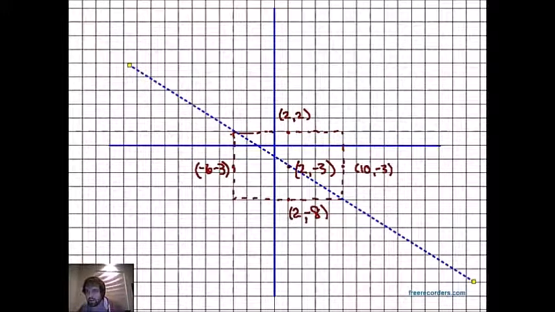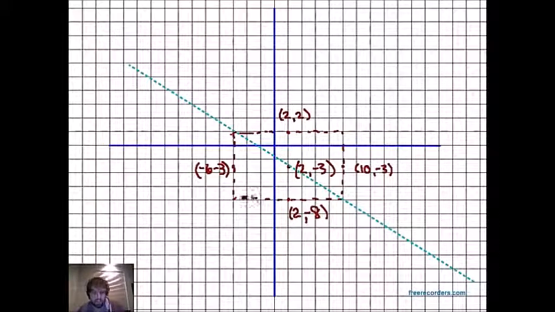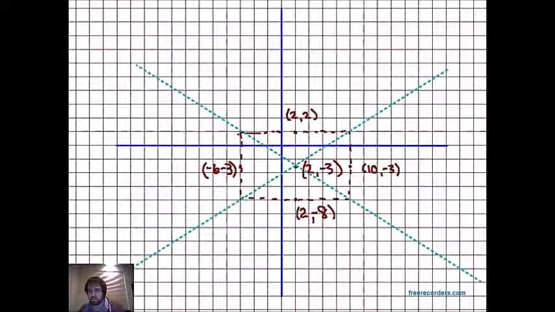And then let's make those slightly different colors so we're not confused. Okay, so there's that guy. And then the other one would go through here. So something kind of like that. And again, these are just the asymptotes. And so as we actually go graph the final function here, we're going to start at our major vertex.